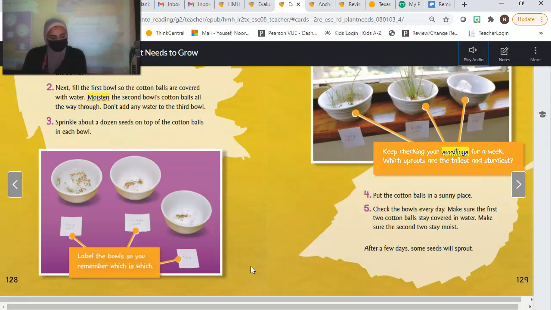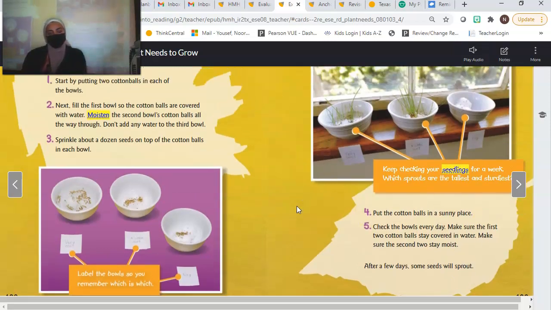Okay? So why is that important? Because it tells us how important it is to label each one so we know which one is which. Do you think this information is important for understanding how plants need to grow? Is that important? Yes. It's important to do that when you're doing the experiment.